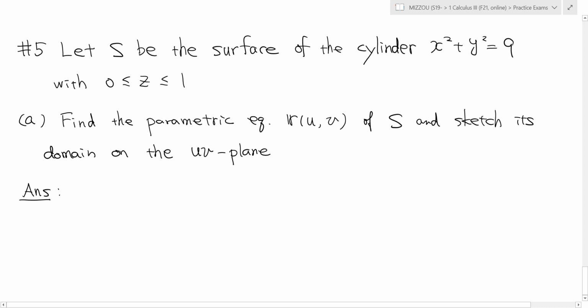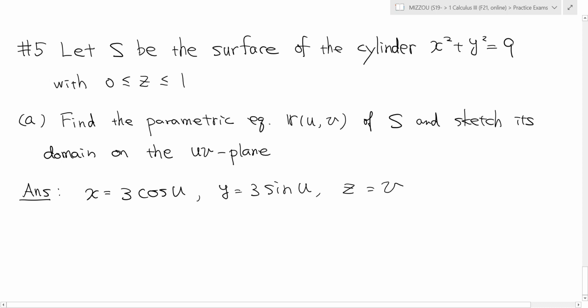Now find the parametric equation r(u,v) of S. Namely, you have to parameterize the surface of the cylinder and sketch its domain on the uv plane. Since it's a circle for the xy, we could use polar coordinates for xy. So x is 3 cosine u, where u is one of the parameters, and y is 3 sine u. And then z is what? z is just v.